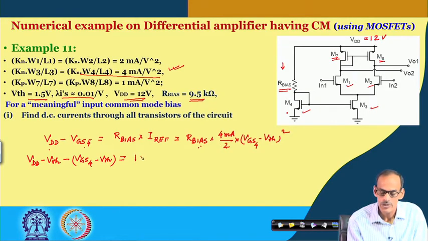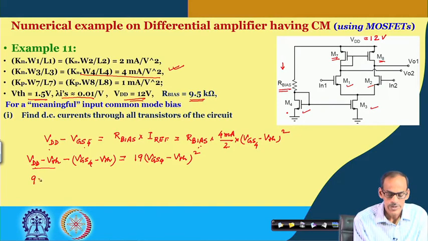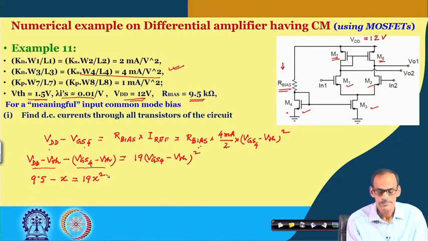So, that gives us 19 into VGS 4 minus VTH square, and this part is 9.5. Let us consider x equal to VGS 4 minus VTH, so we have 19 x square plus x minus 9.5 equals 0.